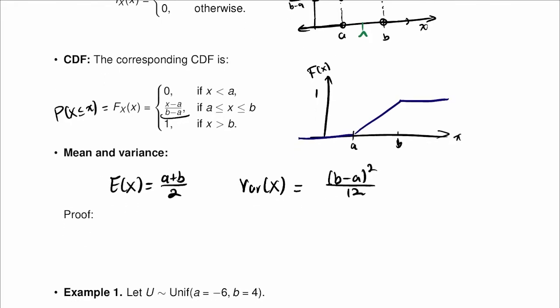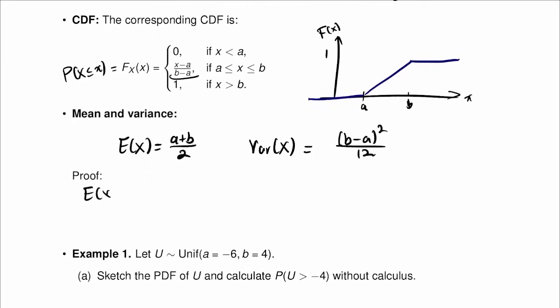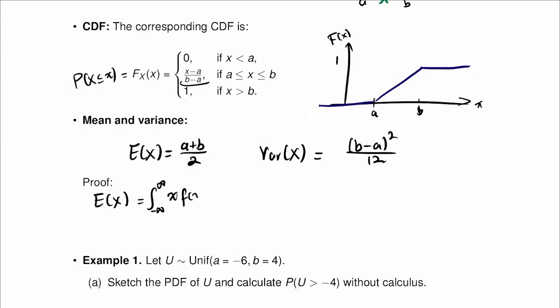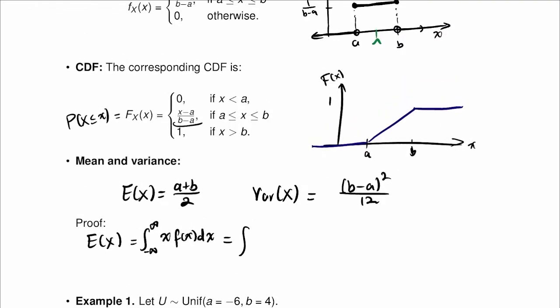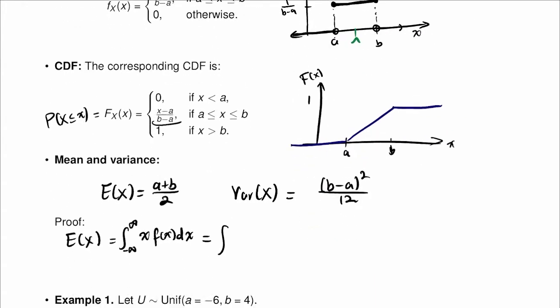Okay. Let's see the proof. We're going to do the proof for the expected value. So the expected value of x, remember by definition, is the integral from minus infinity to infinity of x times f of x dx. But we replace this minus infinity and infinity just to integrate over the support of the function. In this case it is a and b.